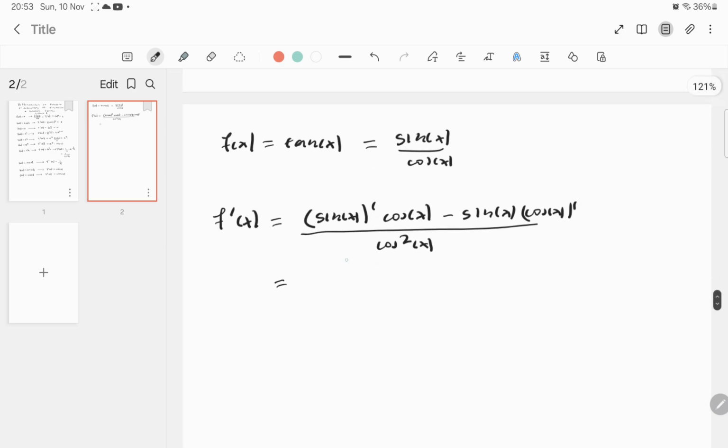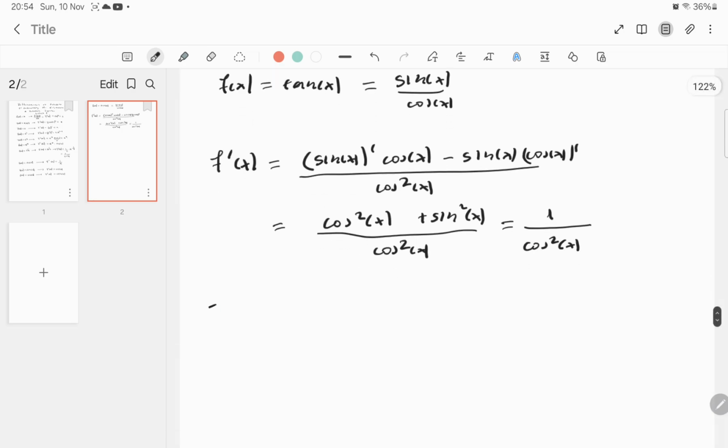The derivative of sine of x is cos x, so cos squared of x. The derivative of cos x is minus sine x, so it becomes plus sine squared of x over cos squared of x. And the numerator is 1, the denominator is cos squared of x. So f prime of x equals 1 over cos squared of x.